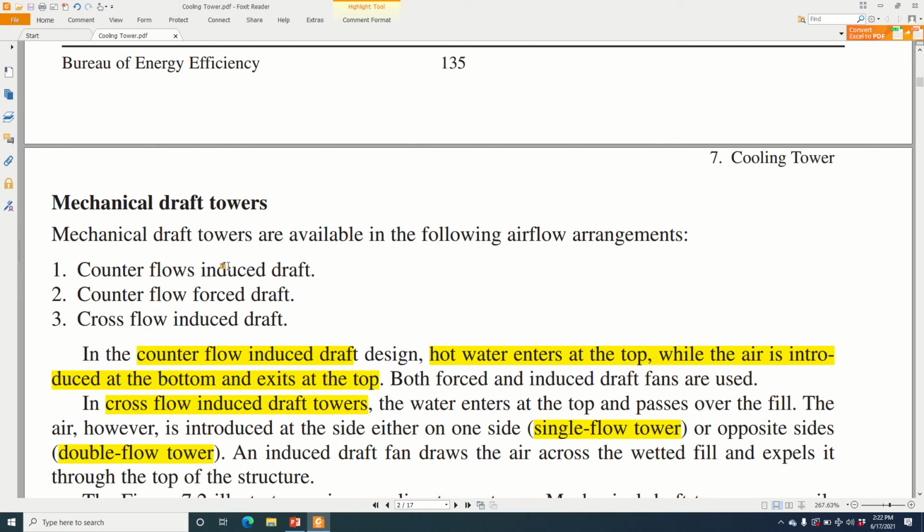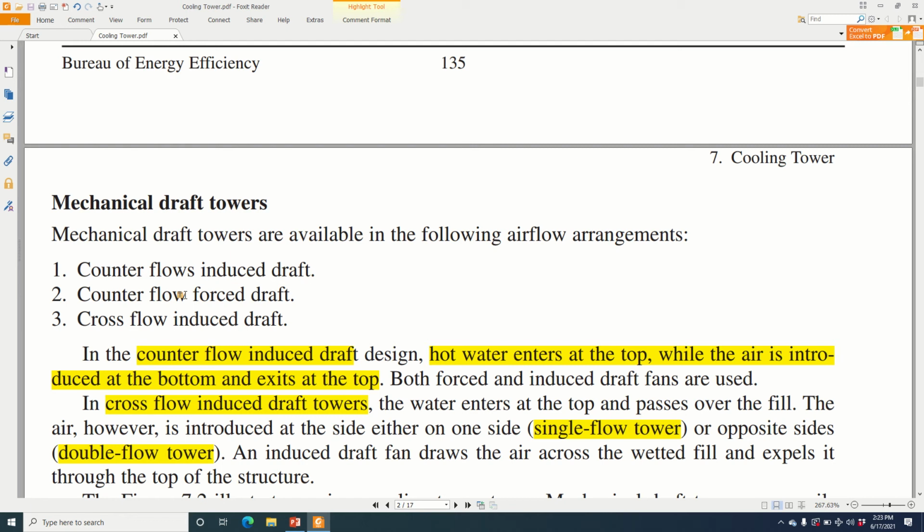These two cooling towers are counterflow, but the basic difference is the fan. In the first category, the fan is induced draft, and the air is sucked through the fan.